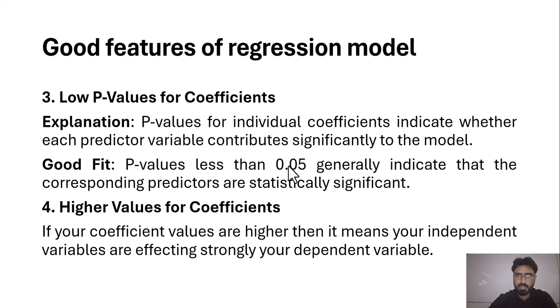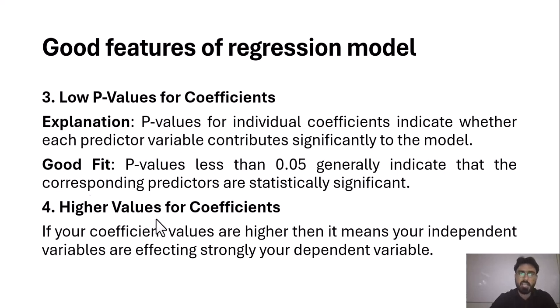So for the significance of the coefficient, it is necessary that your p values are less than 0.05. In some cases, we take 0.1 and we can say that our coefficients are significant at 10%, but in most cases we take the bottom line of 0.05. So it means that at 5%, our coefficients are significant.